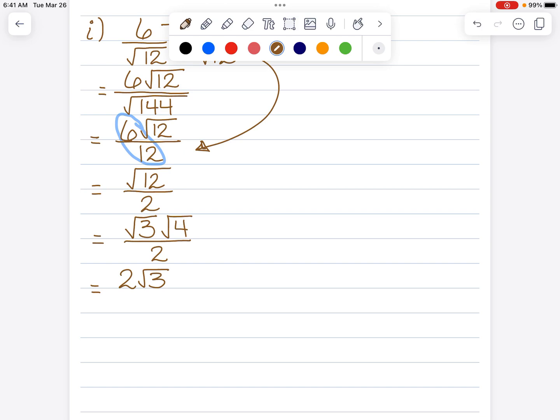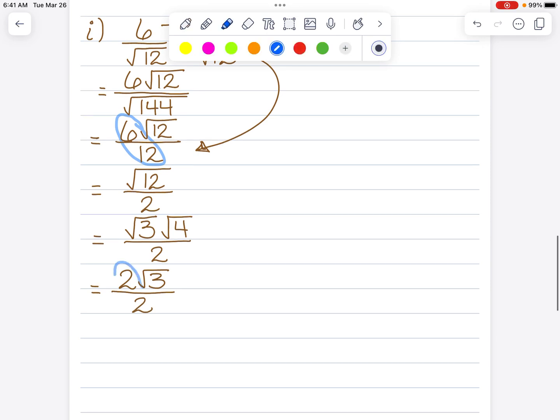So when I simplify the square root of 3 times the square root of 4, it becomes 2 square roots of 3. Still over 2, and hey, I ended up with something that simplifies here again. They both divide by 2, giving me 1s, and I don't need the 1s in front of things or in denominators. So I end up with the square root of 3.